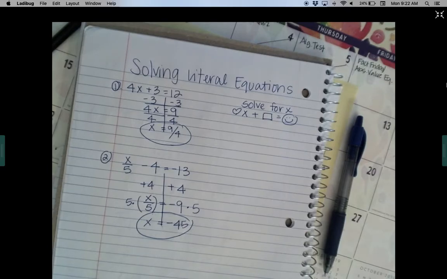So the smiley face is getting a box thrown at them. So then it's frowning. Okay, got it.